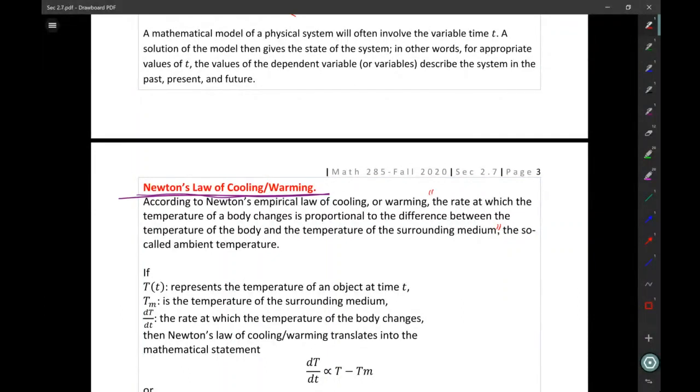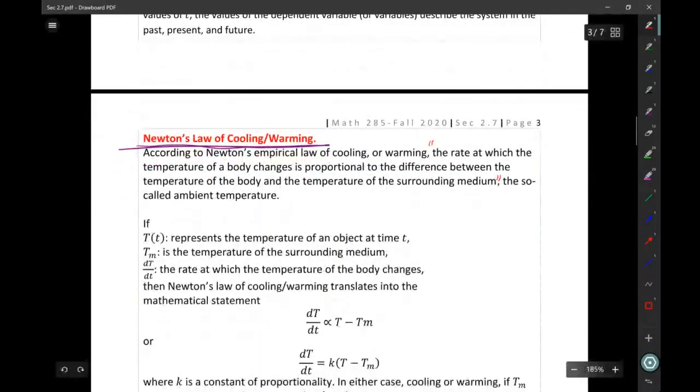Before we start with the Newton law, assume that you went to the fridge and you grabbed a can of juice. Assume that the temperature of the fridge was minus 20 Celsius degrees.